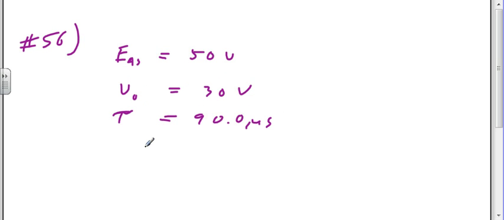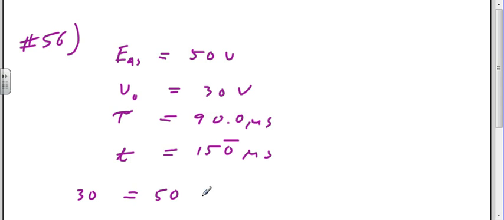Microseconds. In the time 150 microseconds. The 3-second period. Find E naught.